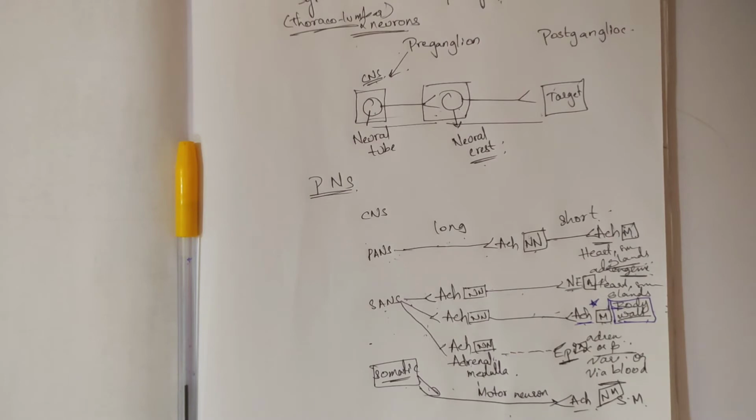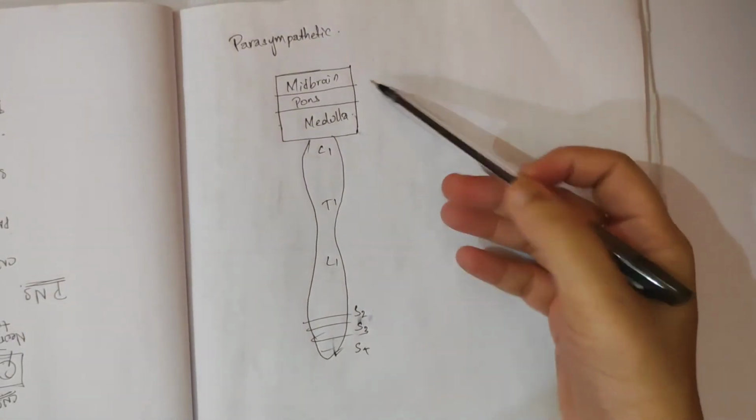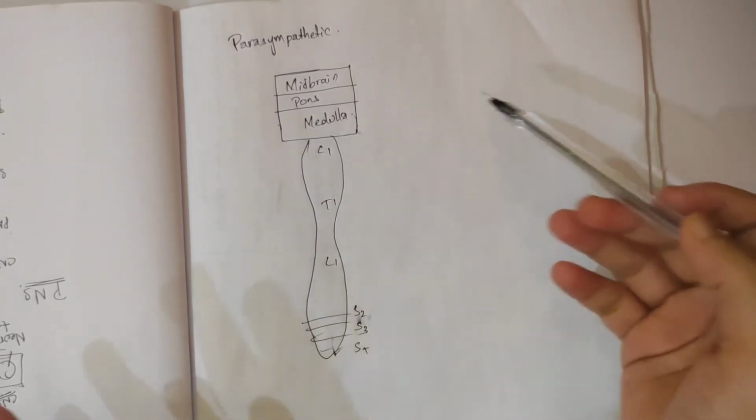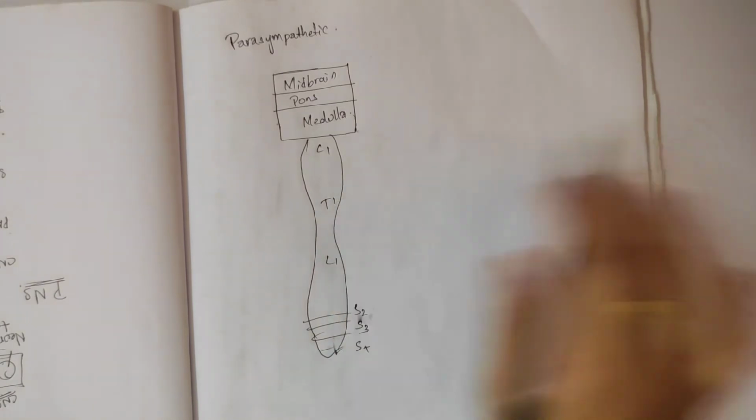So coming to the parasympathetic nervous system, I drew a rough diagram here. Don't laugh, it might be funny, but it's okay. Just remember this, that is enough.